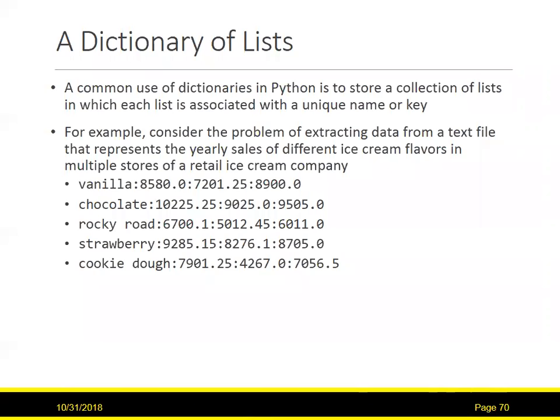And the nice thing about it is that even though vanilla has 3 different statistics, there's only one vanilla. That's why it's a key. There can only be one of them.